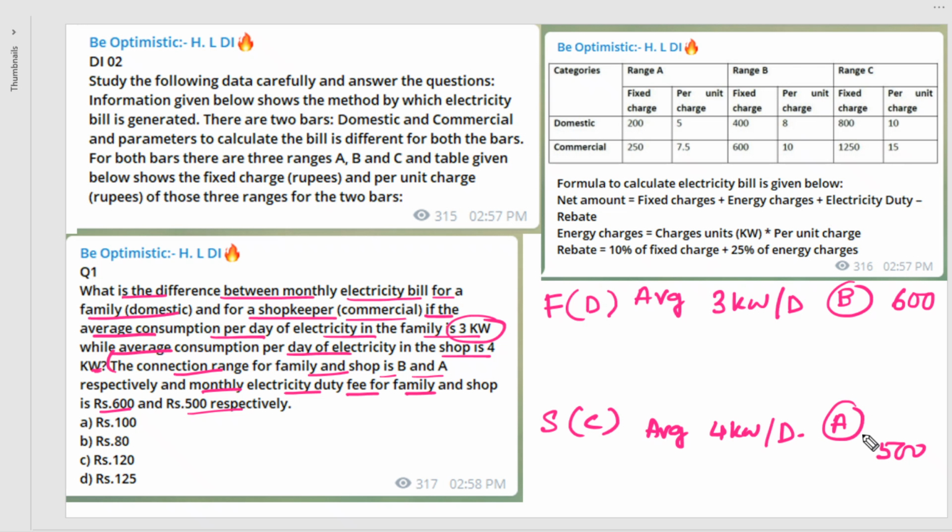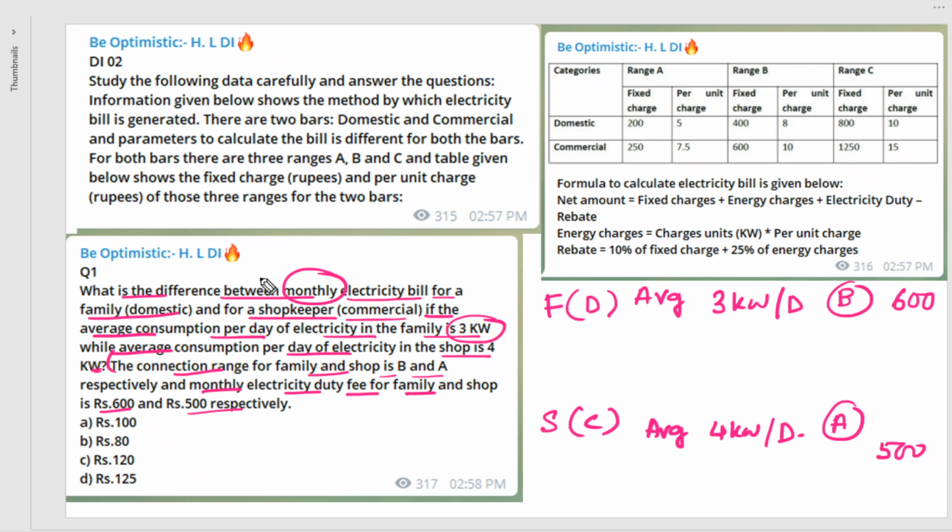Now you have to calculate the difference between the monthly electricity bill of this family and shopkeeper. Before starting, I have to tell you about the term monthly. There will be a little bit of confusion about how many days we take in a month, right?